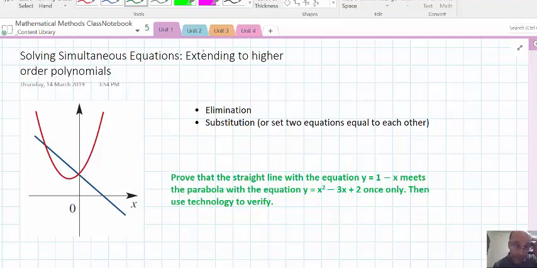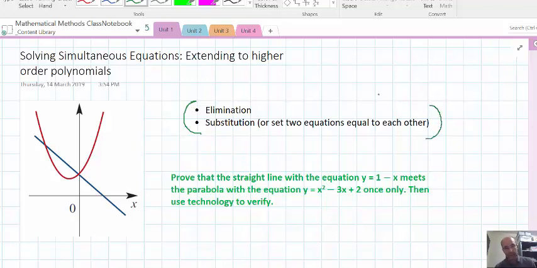Hello, welcome to the video on solving simultaneous equations. We're basically assuming that we know how to solve linear simultaneous equations, typically two equations, two unknowns, using elimination and substitution. There are other videos if you don't know how to do those things or you've forgotten.